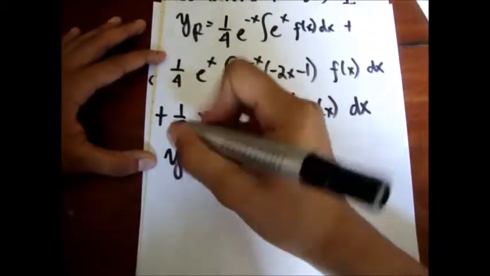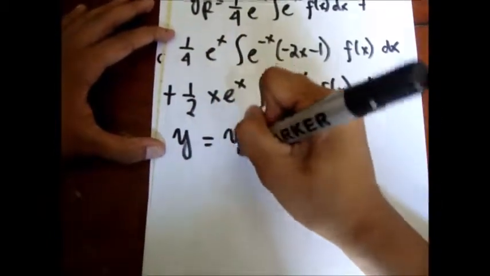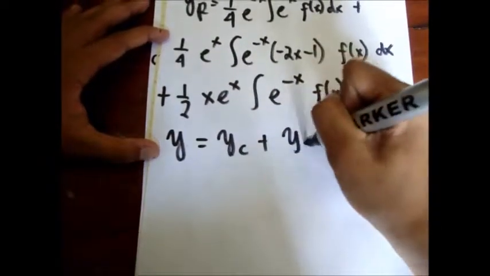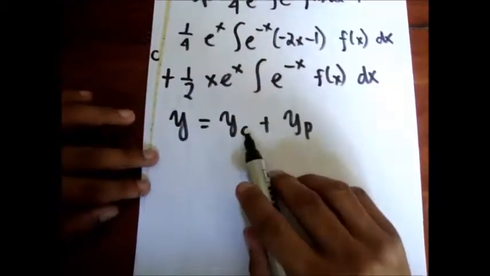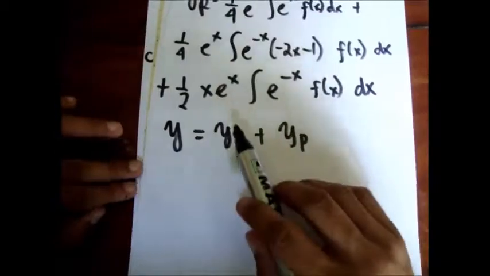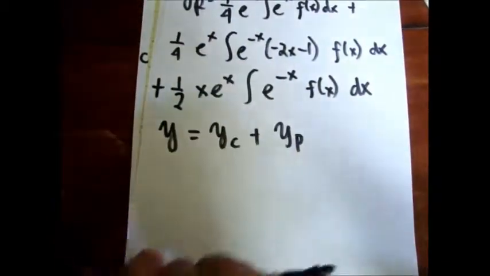Then we get our complete solution, which is y equals yc plus yp. Our complementary solution was solved already using case 1 and case 2.